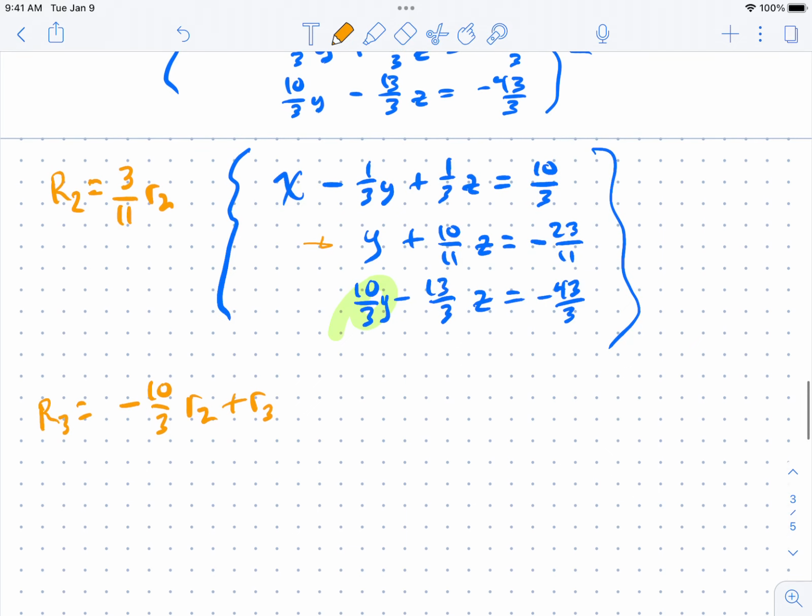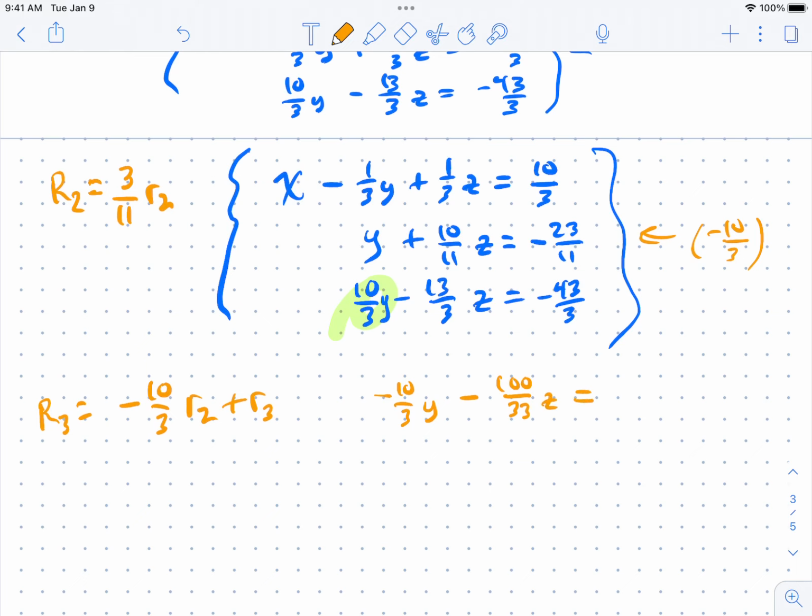So this gets a little bit juicy now. I'm going to try to multiply everything in this row by a negative 10 thirds. So that would be a negative 10 thirds y. Now when I multiply this term, I'm going to have negative 100 over 33z.